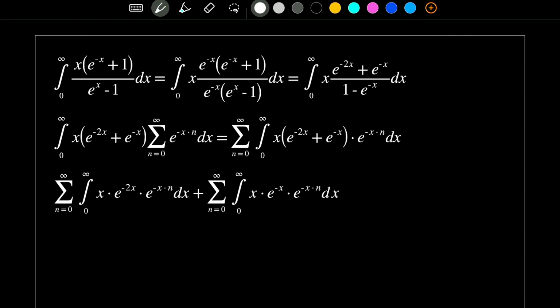So now we've got these two integrals. The reason I've done that will become clear, otherwise we're going to have to do a lot more calculation.